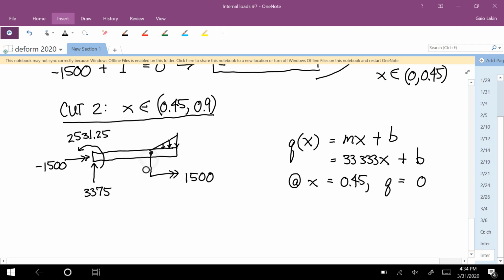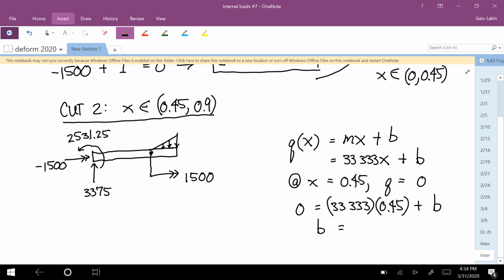So plug in 0 for q, plug in 0.45 for x, and so b is equal to negative 15,000.